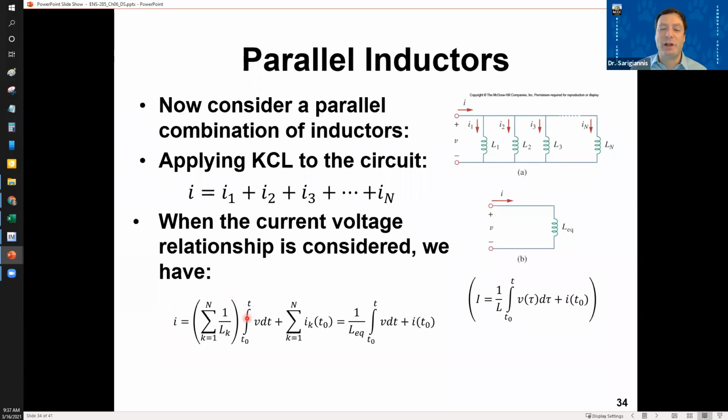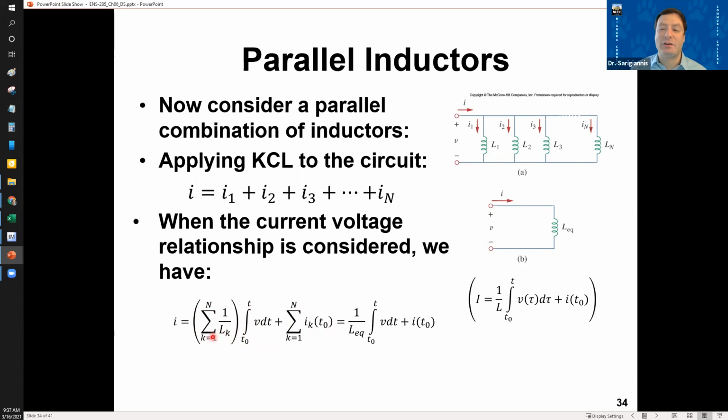Let's look at the current-voltage relationship. In the case of an inductor, we've got the integral from some time to another time of V dt, plus some constant.